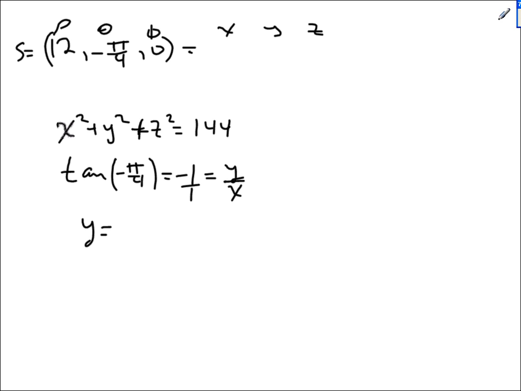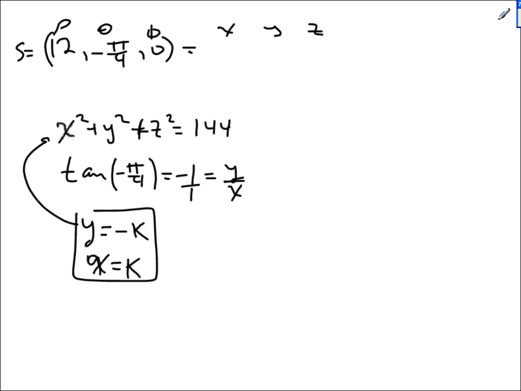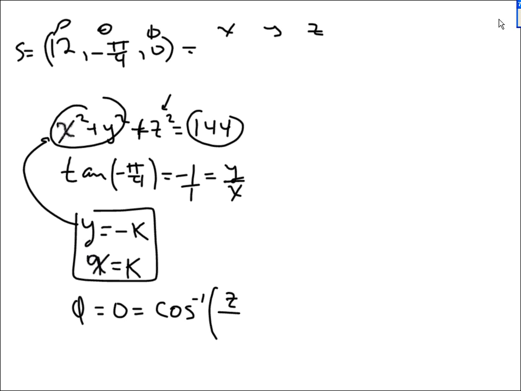That means y can equal negative 1 and x can be 1, or you can multiply by k. But that's not enough to solve the top one, because I can write this just using k's, and that's a constant, but I still need z. Well, phi, which is 0, is the cosine inverse of z over rho, and rho is 12.